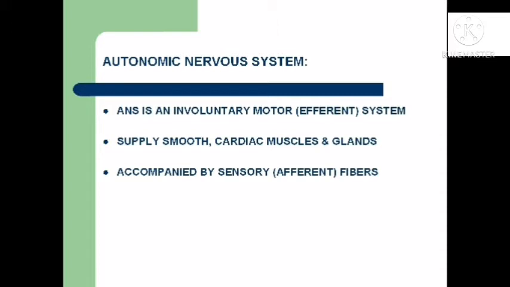The autonomic nervous system, in short ANS, is an involuntary motor system. It is accompanied by the sensory afferent fibers. It supplies the smooth muscle, the cardiac muscles, and the glands.